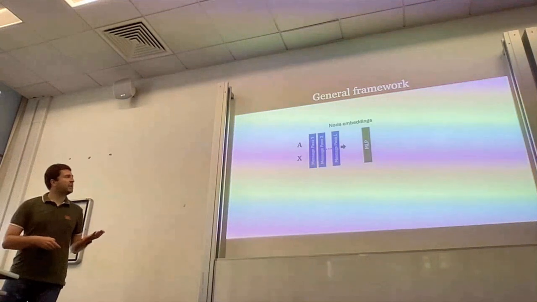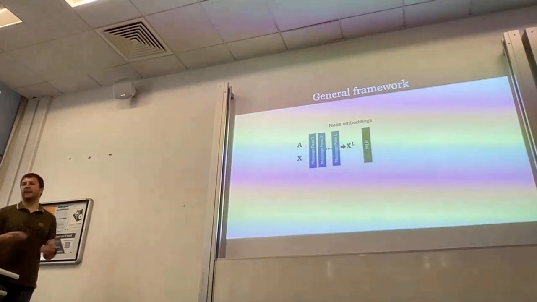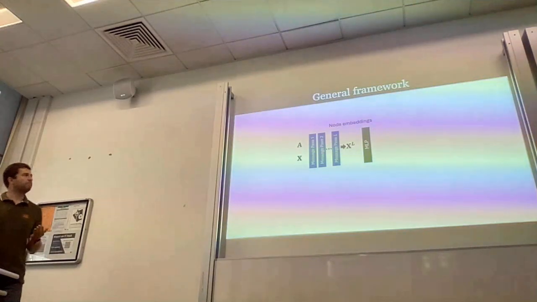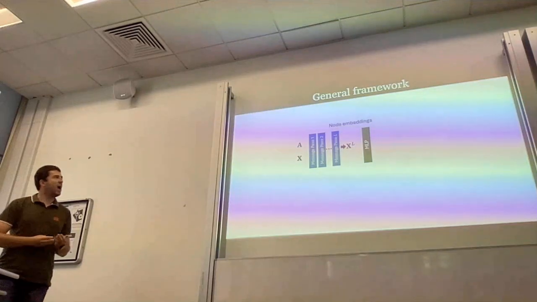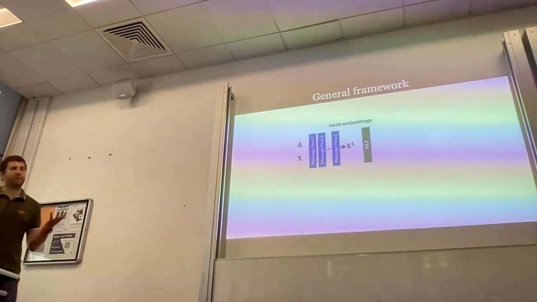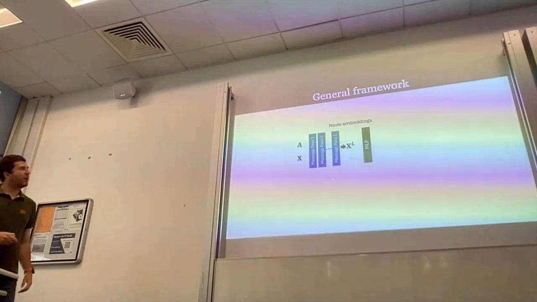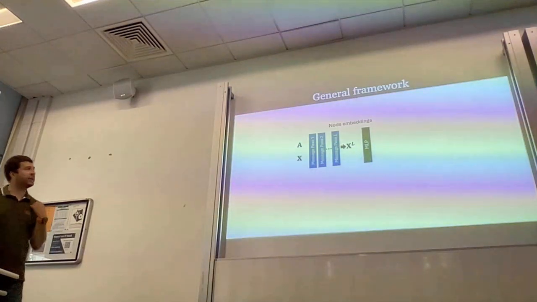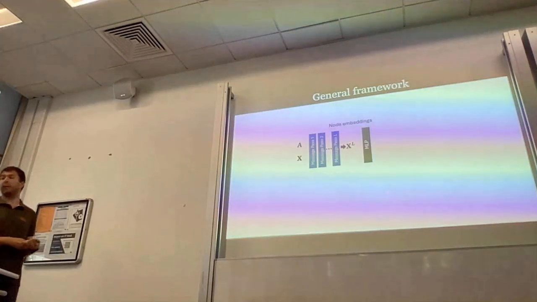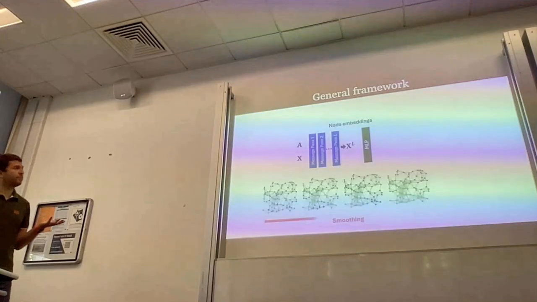Then we process this information with a stack of message passing layers, let's say L, and every time we process the node features and adjacency, our node features become more meaningful. They start to account for information in the neighbors and so on. What we end up with at the end is something called X to the power of L, if we apply L message passing layers. I refer to this as node embeddings.